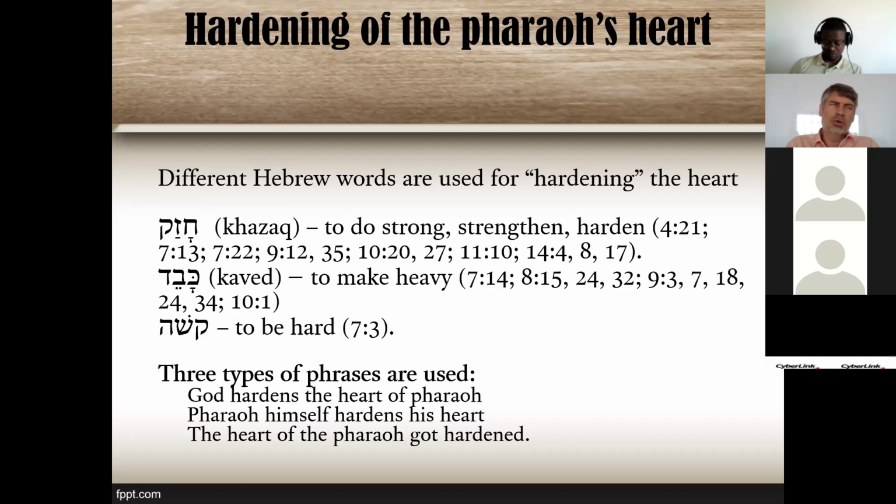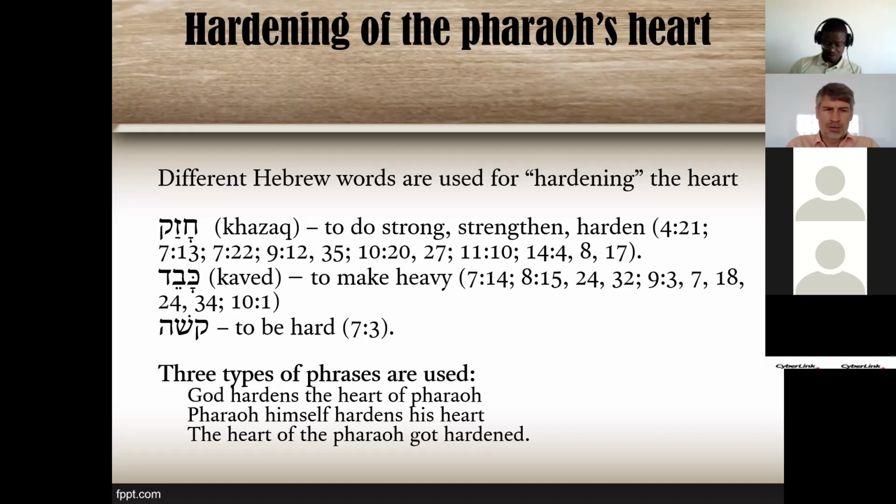Most probably we have here a Hebrew idiom, because being heavy means to be rich, wealthy, to have honor. So if you have weight, it means that you have glory, you are a rich person, you are a heavy person. And of course, another meaning is to make heavy in terms of to harden, to make hard.